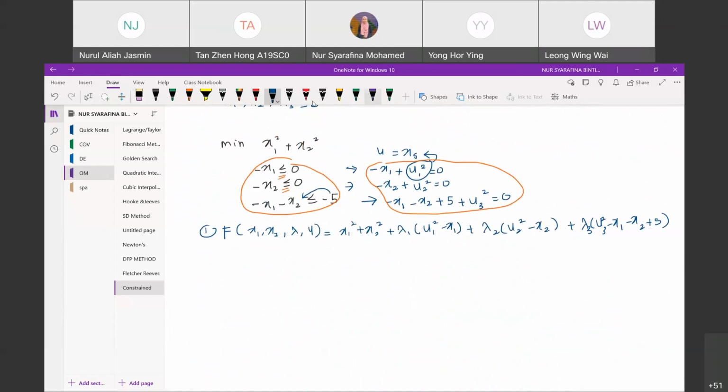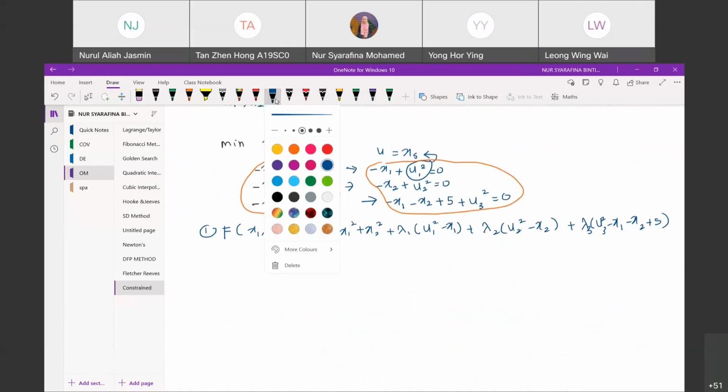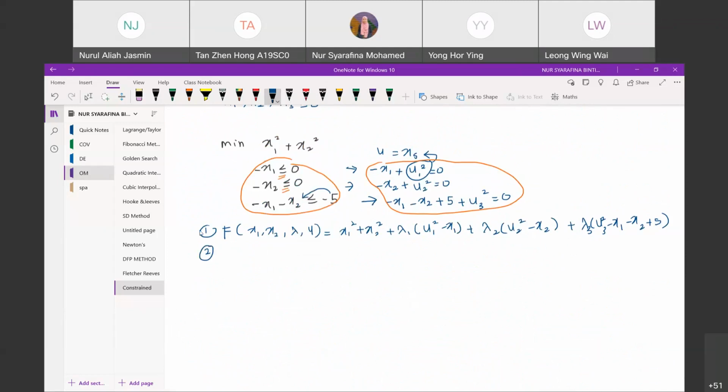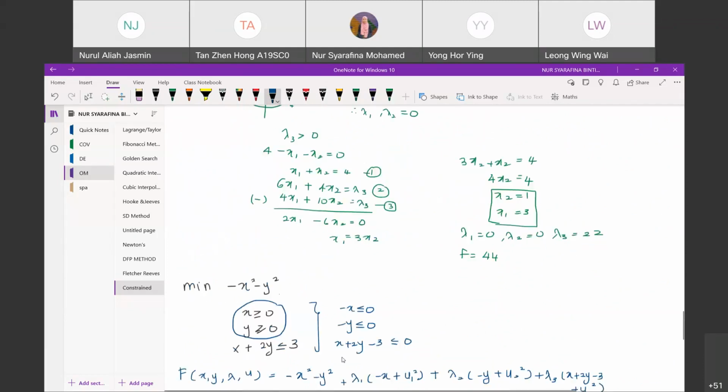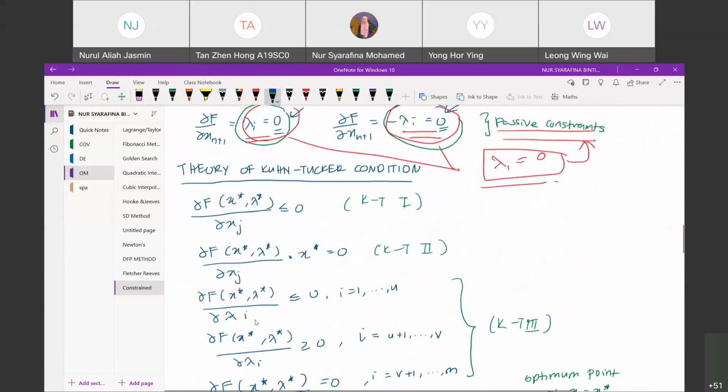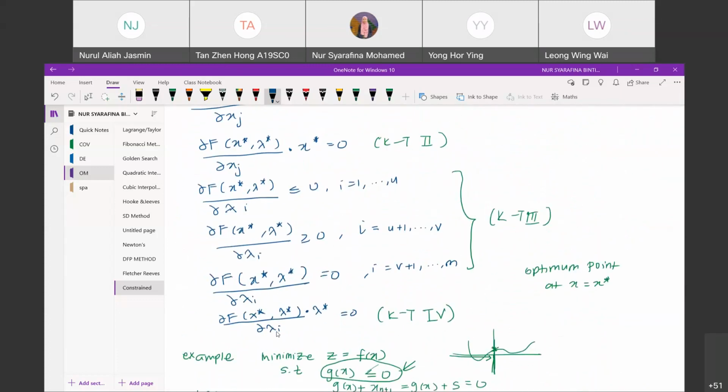Next, what are the conditions that we have to consider? First, of course, we need del F del X1 equals to 0, and del F del X2 equals to 0. By looking at the Kuhn-Tucker condition, del F del X equals to 0.